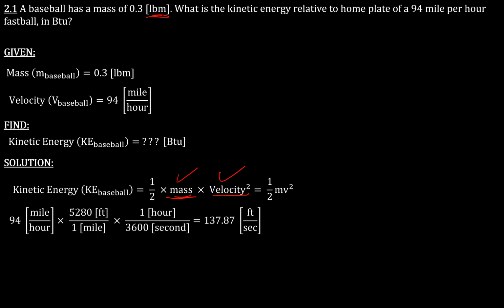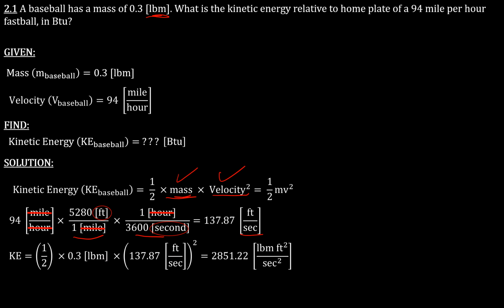So here we use these two conversion factors to get feet per second. A mile will cancel with a mile, an hour will cancel with an hour, and we will be left with feet per second. And when you plug in the values into the calculator, it will give you 137.87 feet per second.